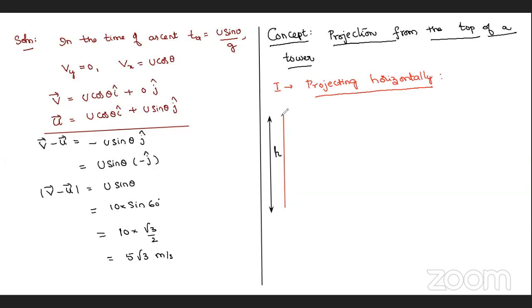You are standing on the roof of the building and projecting horizontally with a velocity u. I can change the coordinate axes. So this is the x-axis and this one I am taking as the y-axis.